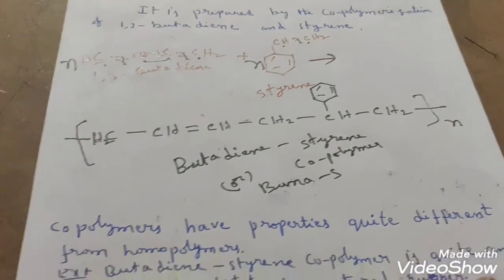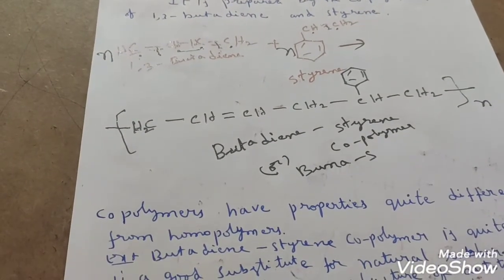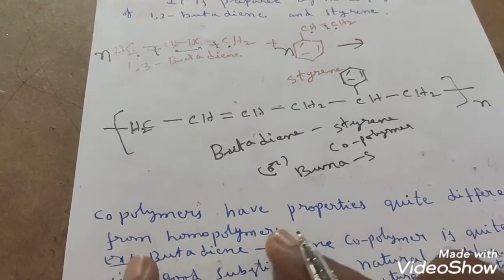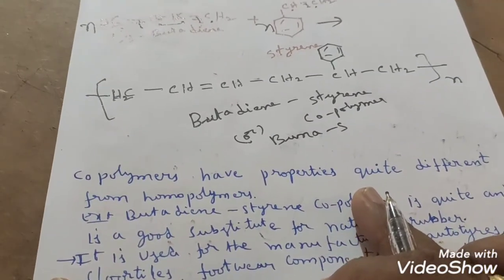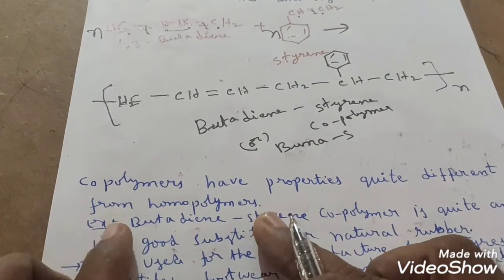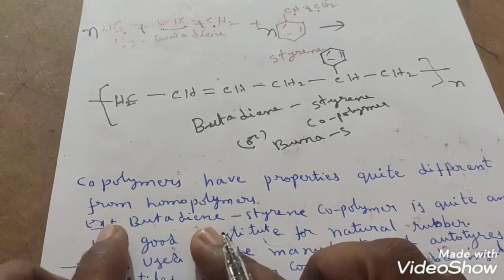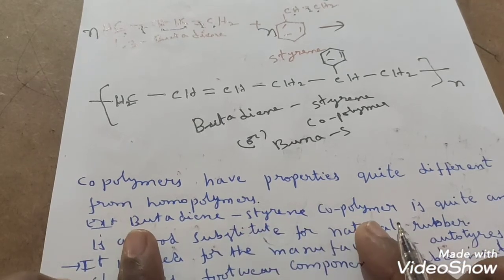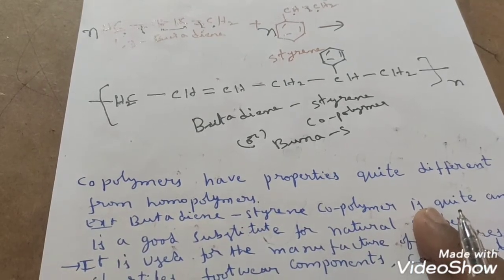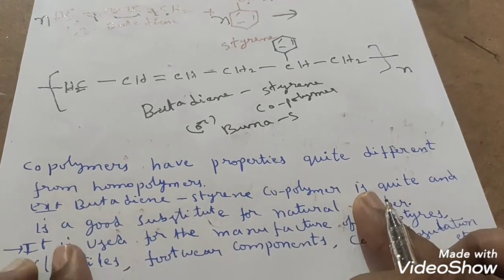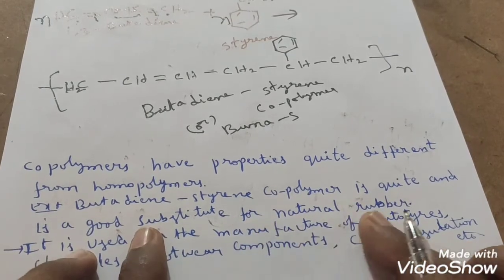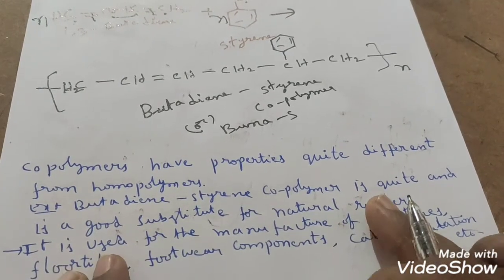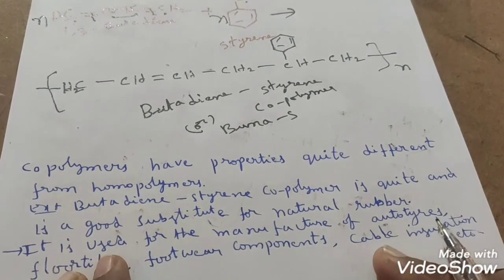This is about Buna S. Then what is the use of Buna S? See that these copolymers have properties quite different from homopolymers. Everybody knows that. For example, butadiene styrene copolymer is quite hard and is a good substitute for natural rubber. What is the meaning of rubber? How do we prepare natural rubber?